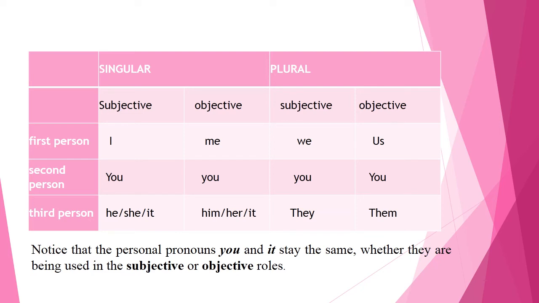And in third person, he, she, it is used in a subjective form, and him, her, it will be used in objective form. And they, in plural, is used as a subjective form, and them is used as an objective form. So you and it remain the same in all categories.